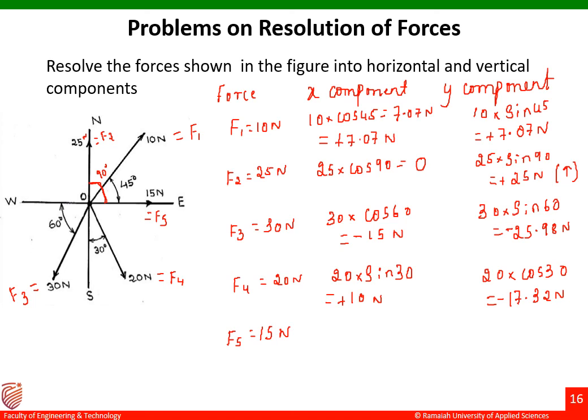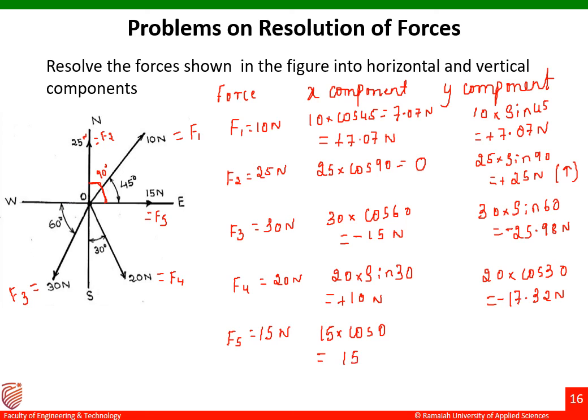You can see there 15 Newton is making an angle of 0 degrees with respect to the horizontal. That is, 15 Newton is acting along the horizontal axis. That means there is no angle between 15 Newton and the horizontal axis. So we'll substitute 15 into cos 0 degrees.